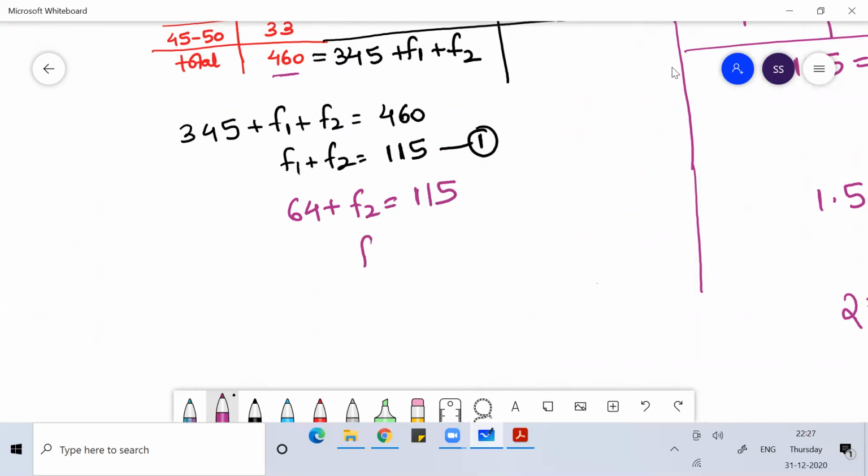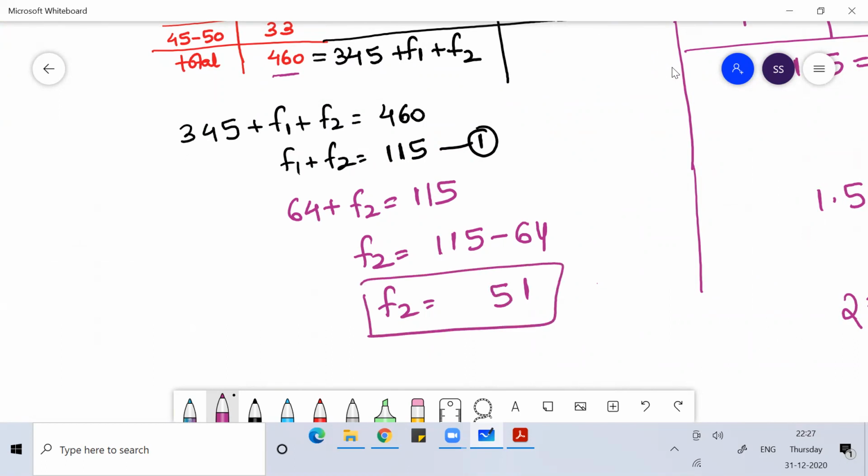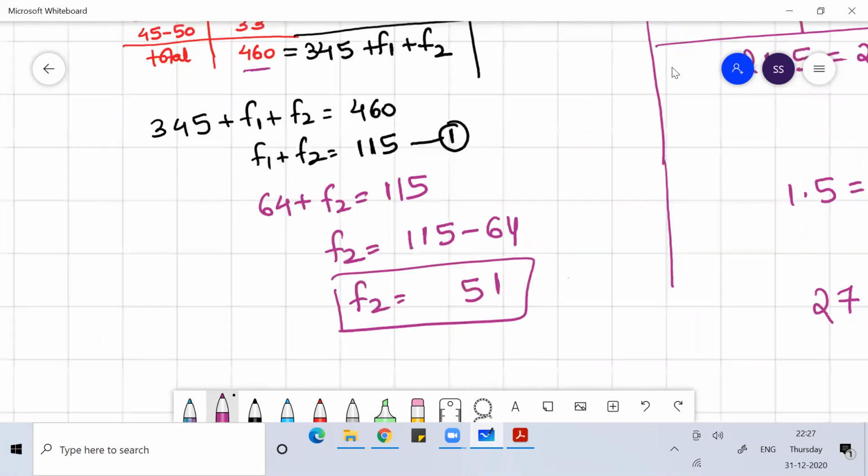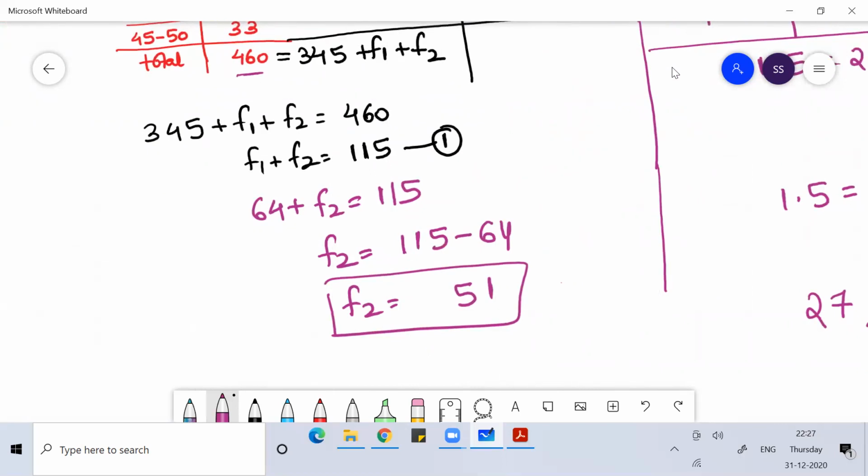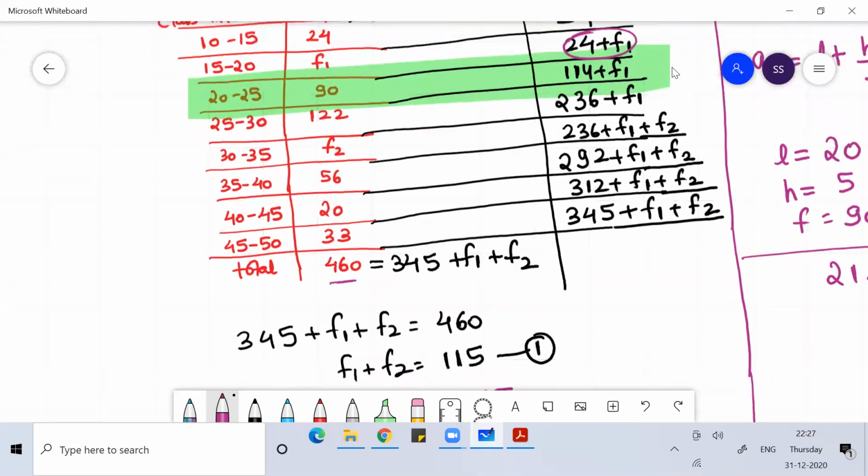If you want to determine the F2 value, it will be 115 minus 64, which is 51. So the value of F1 you are getting is 64 and the value of F2 you are getting is 51. That is your answer for this problem.